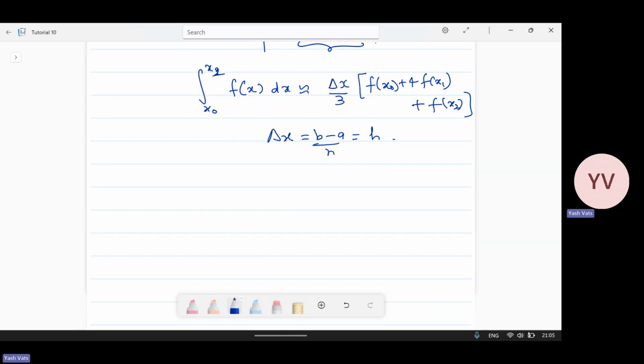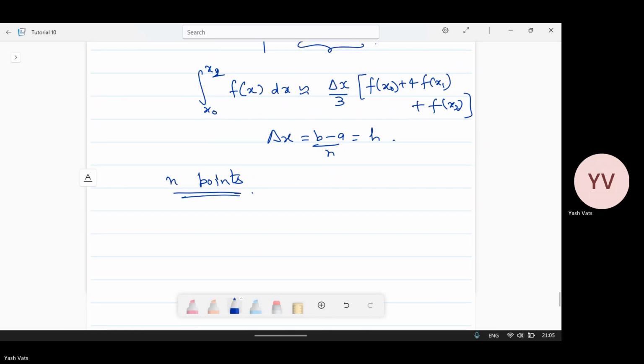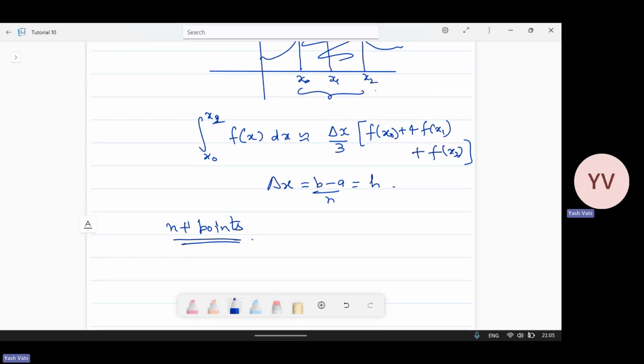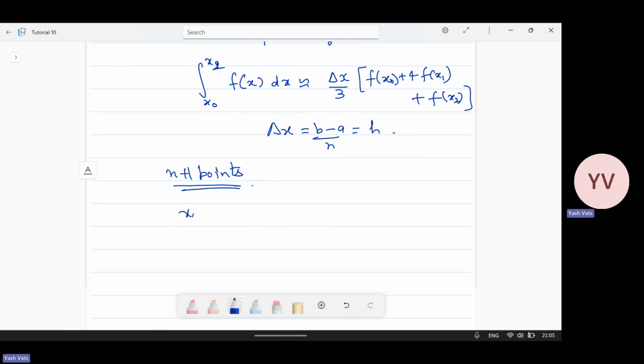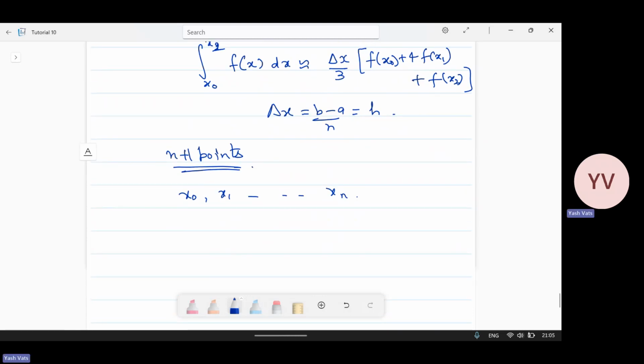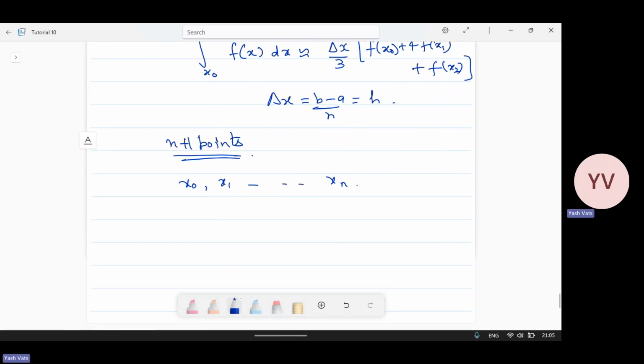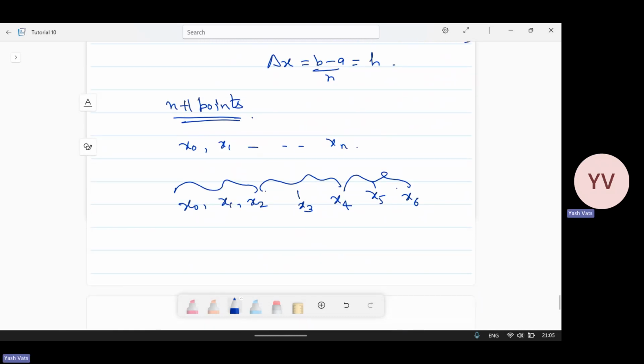In general, if you have n plus 1 points, x0, x1 up to xn, you apply the Simpson formula over x0, x1, x2, then over the next triple, and so on.